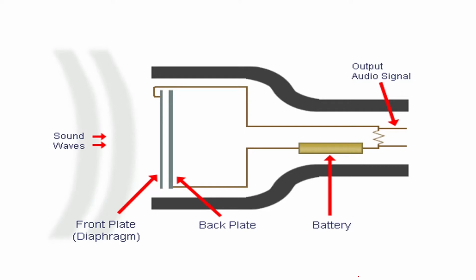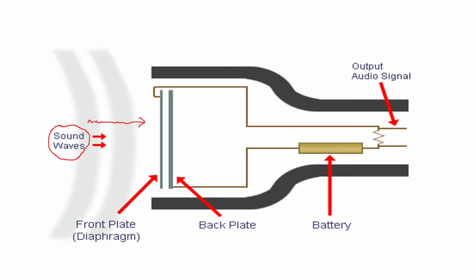Now if you look at the principle of working of a capacitor microphone, at the start we have shown the sound waves, the sound which we want to convert into an electrical signal.